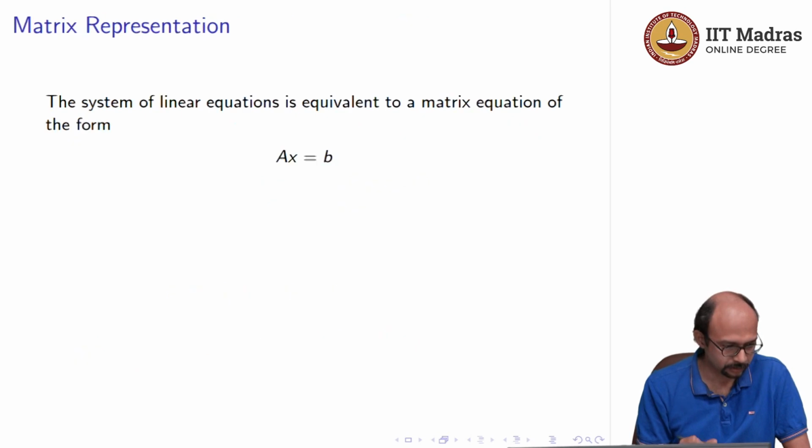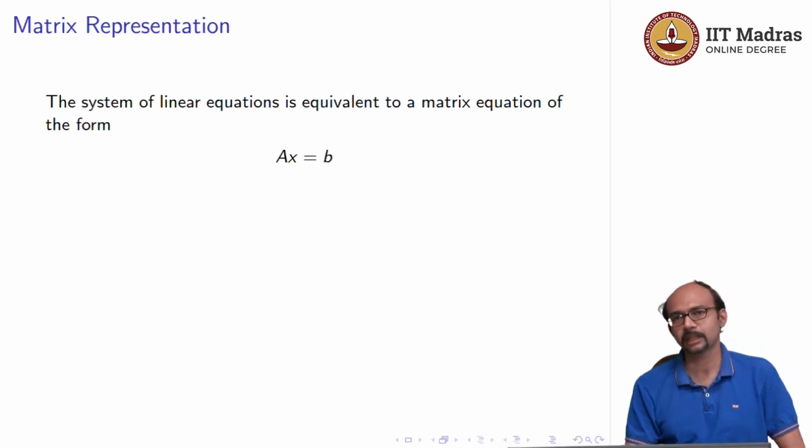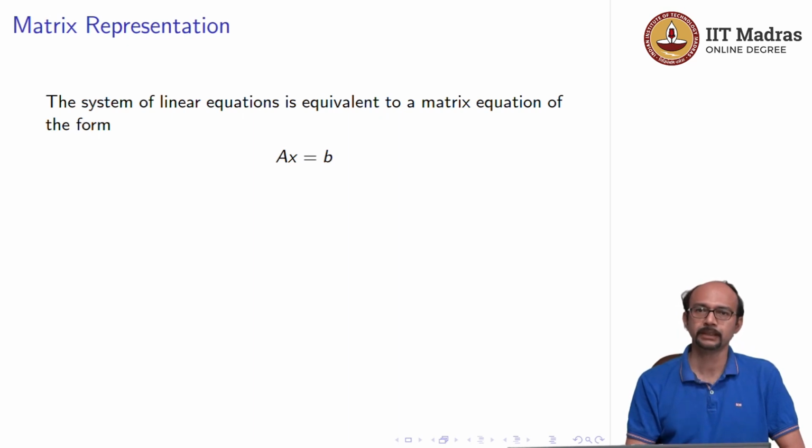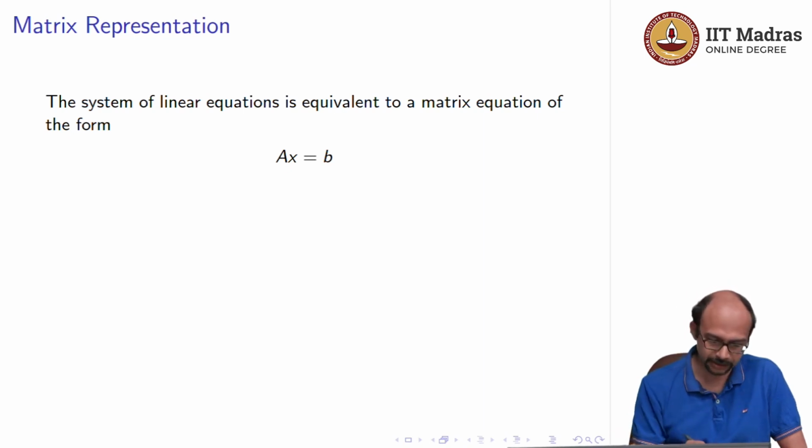Fine. So what is the connection with matrices? This is the really important part of this video. The system of linear equations is equivalent to a matrix equation of the form A times x is b. In the previous video we have seen what it means to multiply matrices. Here A, x and b are matrices.